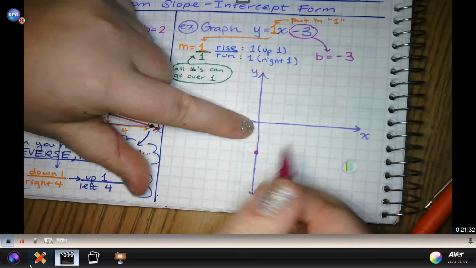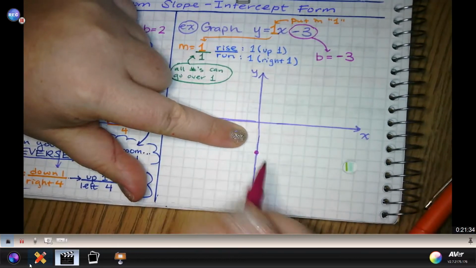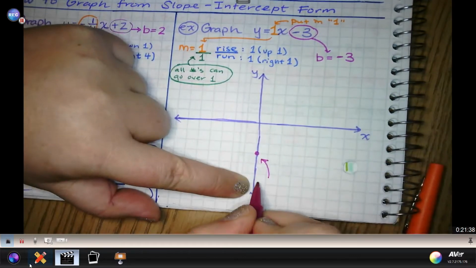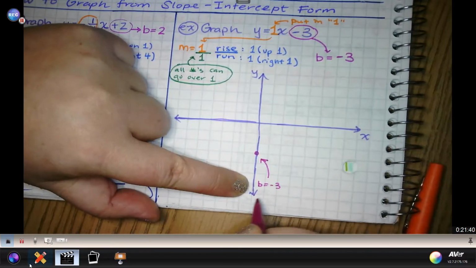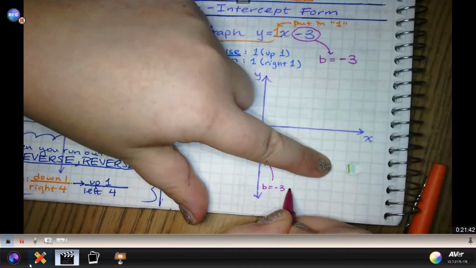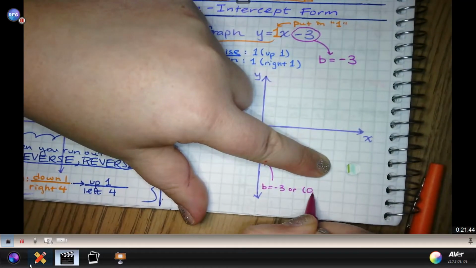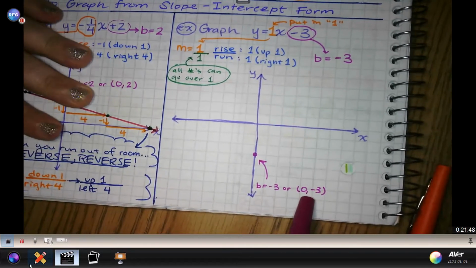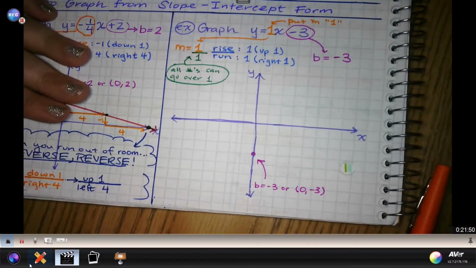So again, this is B equals negative 3, or 0, comma, negative 3 as a coordinate plane. Okay, and I'm going to keep doing that too because people like to forget about it.